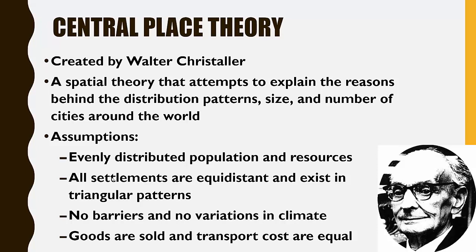He assumed there were no barriers and no changes in climate that might affect where people accessed services. And he assumed that the goods are sold and that the transport cost to places is the same. So there would be no difference in going from one settlement to another because the prices would be the same. And transportation costs between two equally distant places are the same, even if in reality they wouldn't be. So those are all the assumptions, right?